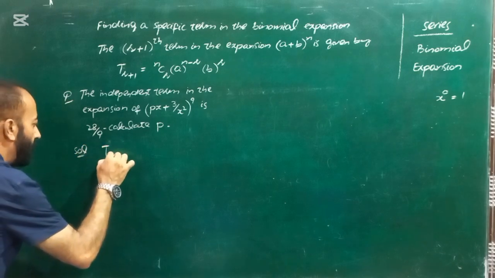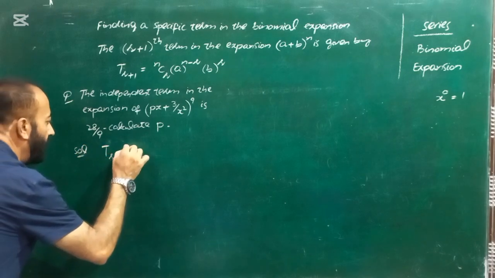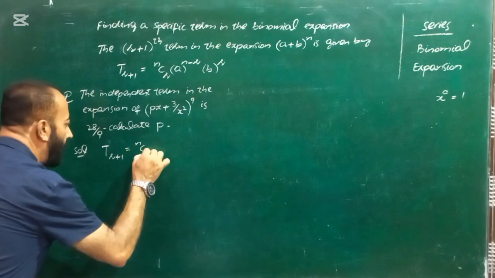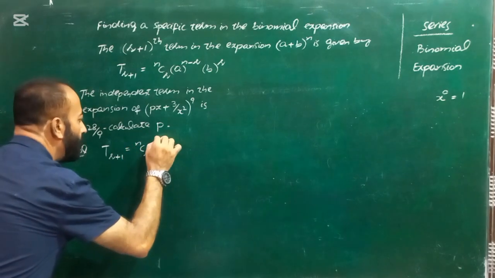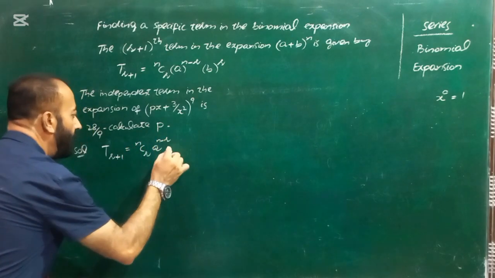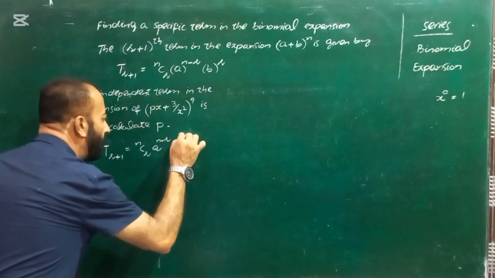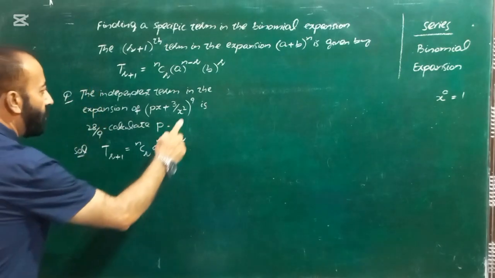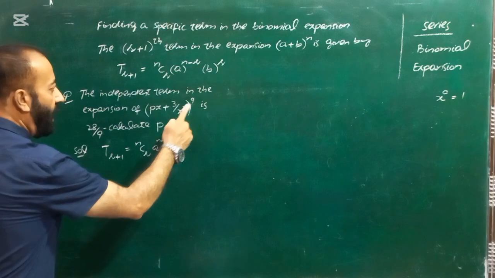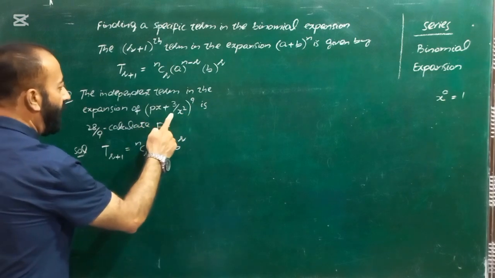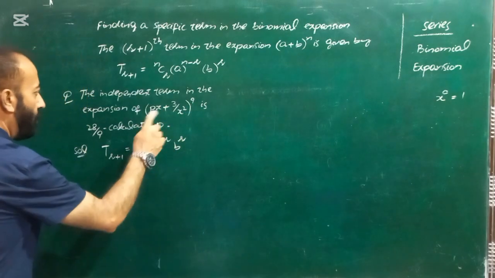So the specific term formula is T(r+1) = nCr a^(n−r) b^r. If you can see, n is 9, a is px, and b is 3 over x squared.